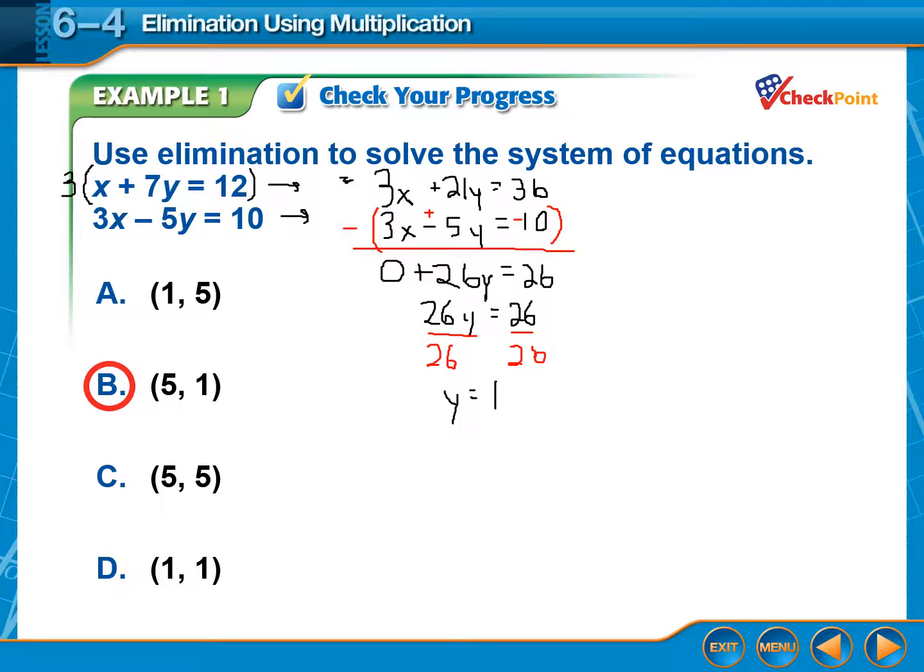So now how do I figure out what x is? I go back to my original equations. So we can take x plus 7y is equal to 12. And now I know y is equal to 1. So I'm going to change this to x plus 7 times 1 is equal to 12. 7 times 1 is just 7.